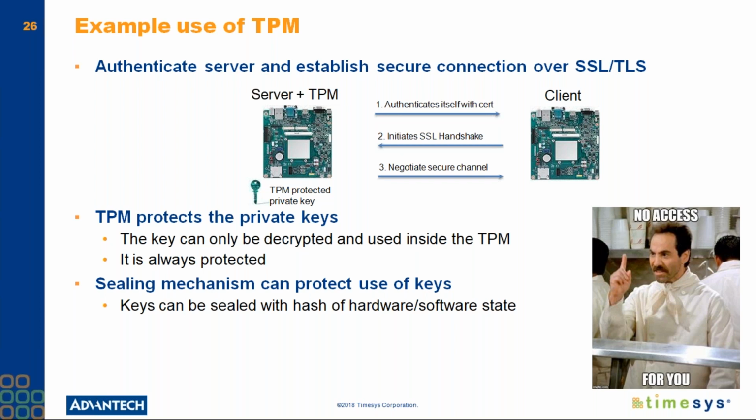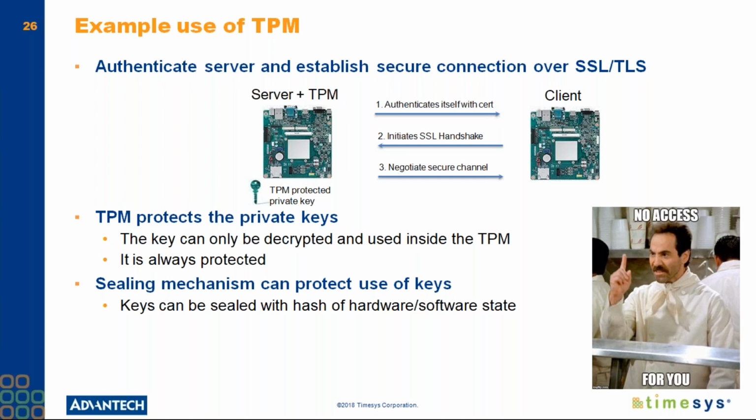You can also prevent unauthorized use of the key by a concept called sealing. What sealing does is, during the boot process, let's say you have U-boot, it can compute a hash of itself and capture a state of some of the hardware registers and then send it over to the TPM chip.